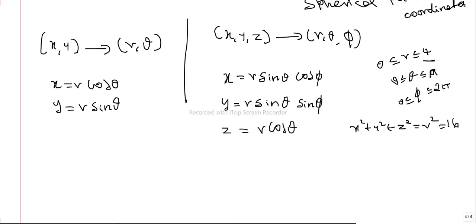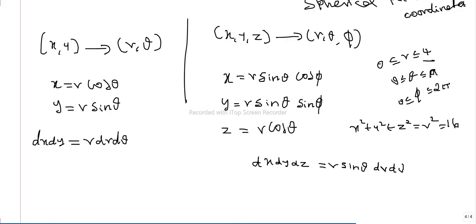And then what is dx dy dz? In two dimensions dx dy should be r times dr d theta. Here dx dy dz should be r square sin theta into dr d theta d phi.